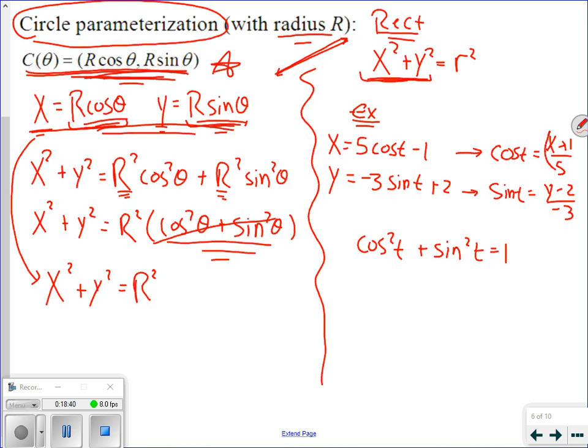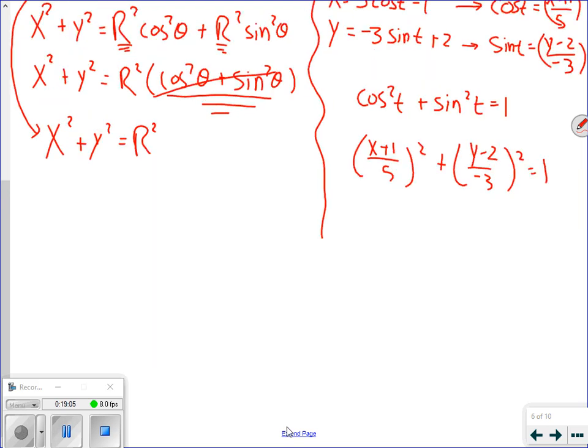And I know what cosine equals, and I know what sine equals. So I can say that this is the same thing as x plus 1 over 5 squared plus y minus 2 over negative 3 squared equals 1. And what happens if I distribute these squares? I'm going to be left with x plus 1 squared over 25 plus y minus 2 squared over 9 equals 1.